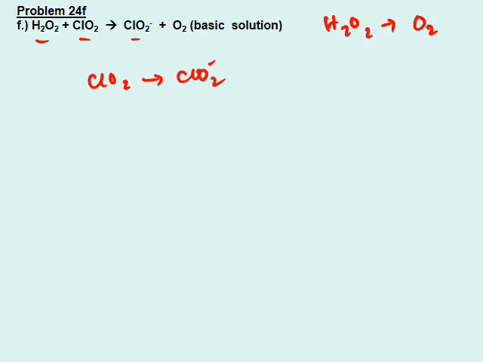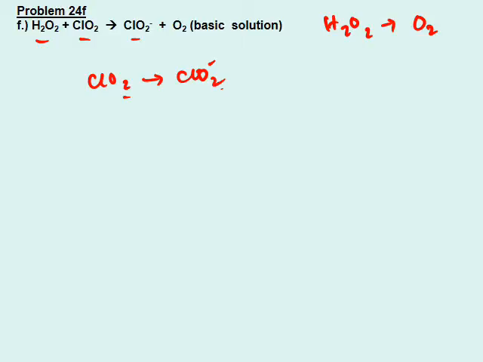So it's 1 and 1. Next you need to balance oxygen by adding H2O, but oxygens are already balanced, so I don't need to worry about it. And the third step is balancing hydrogen. There is no hydrogen here, so there is no balancing of hydrogen.